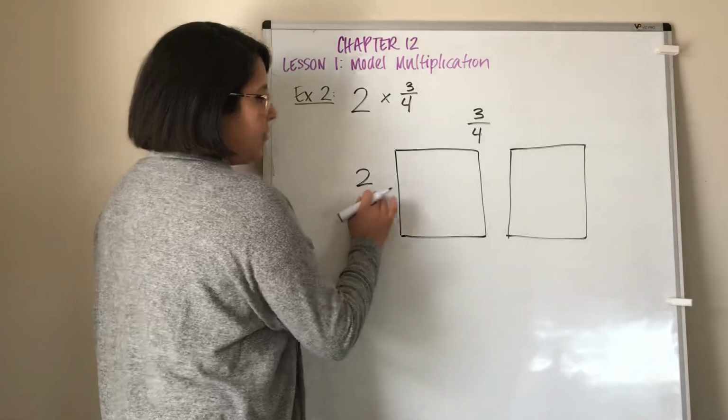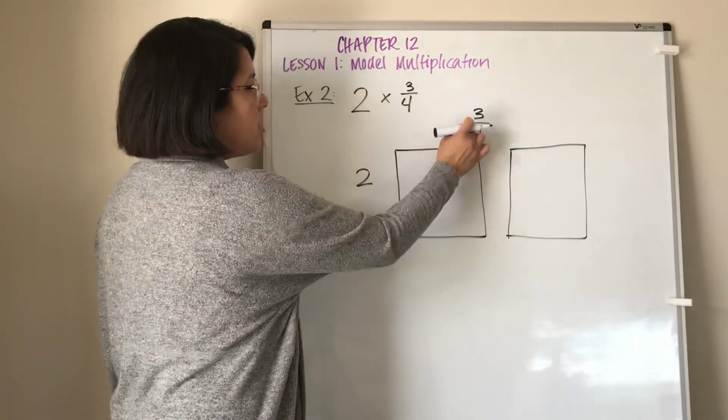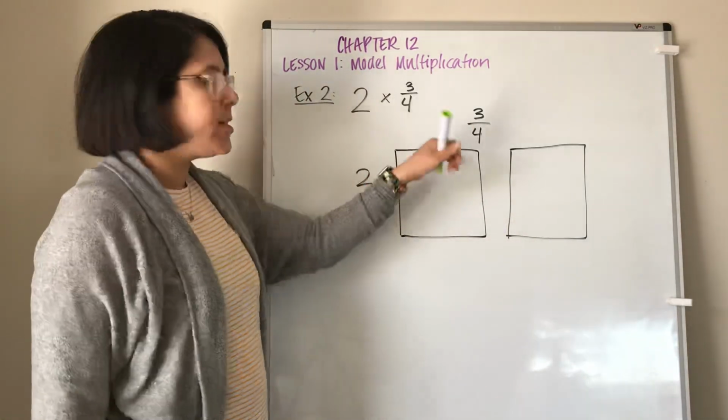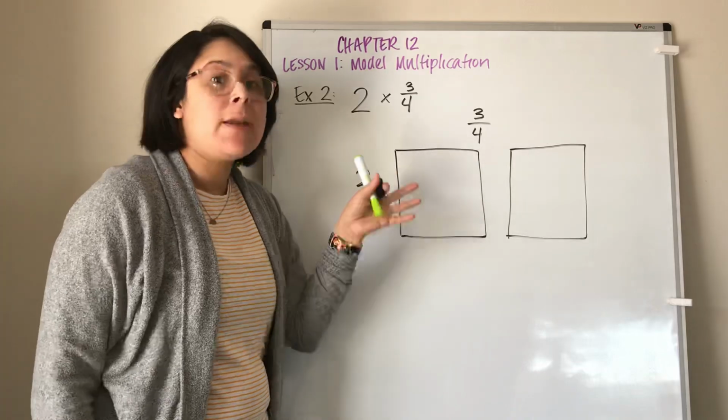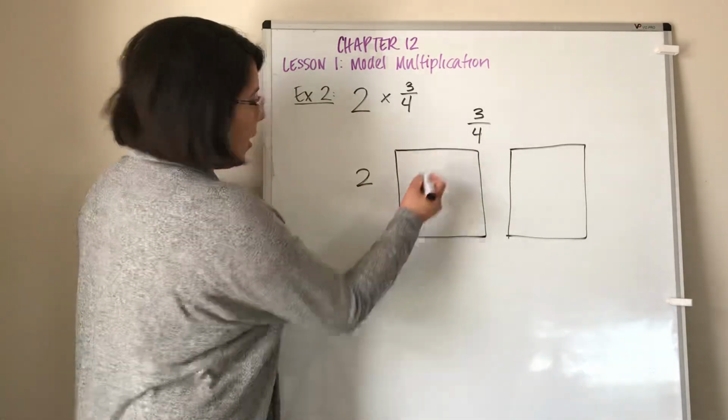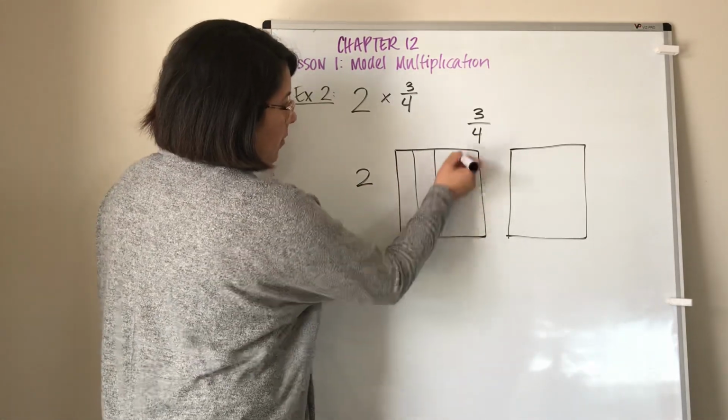So I have 2 this way. Now this one tells me that I need to split my boxes into how many parts? 4.